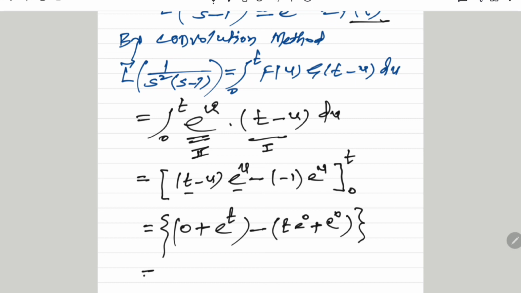Therefore we get the final value e raised to t, e raised to 0 is 1, therefore minus t, and e raised to 0 is 1 multiplying by the minus sign we get minus 1, as the inverse by convolution method.